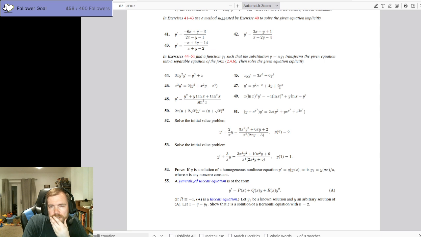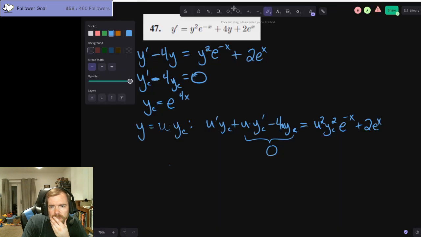e to the x. How do you make that separable? Do we just say that that's going to be... you can't get all the terms out.